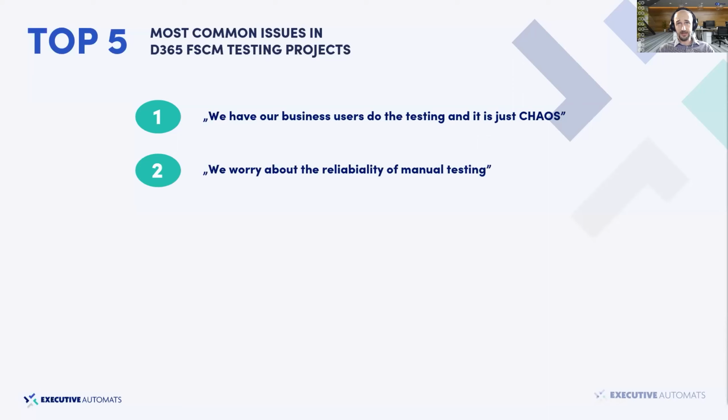But that's not all. If they are testing manually, there's always this problem with the reliability of the testing, because if you have a test plan with 500 test cases, and you're using even a dedicated QA team to go through that, there's always some possibility that one of the testers or some of the test cases will get overlooked.